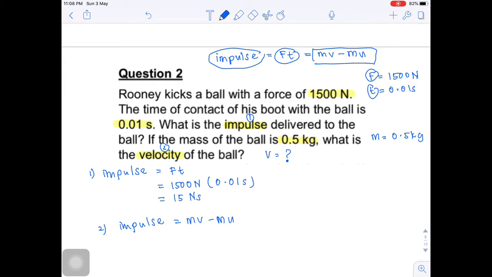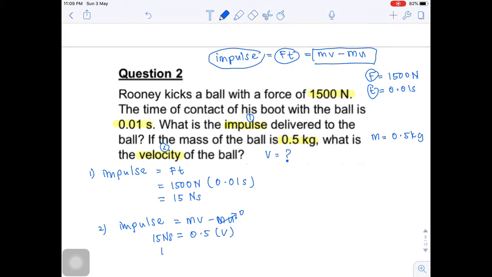And as usual, u is 0 because Ronnie kicks a ball, means that before he kicks, the ball is not moving at all. So the impulse we have got from the first question is 15 Newton second, and the mass is 0.5 kilogram, and v is what the question is asking.